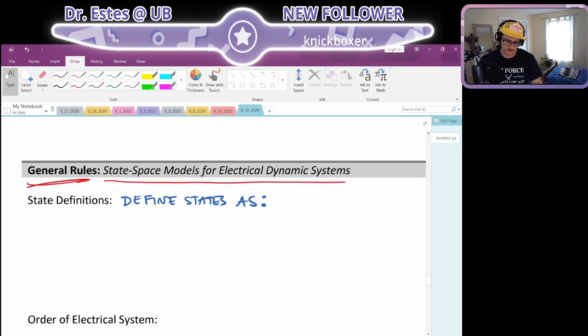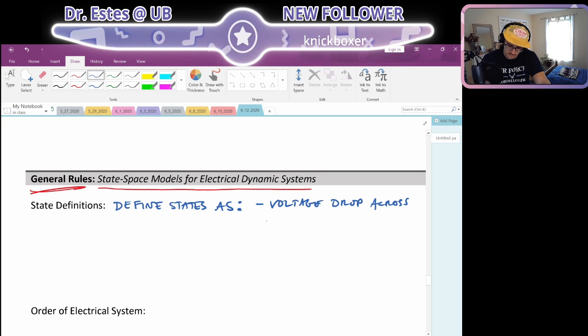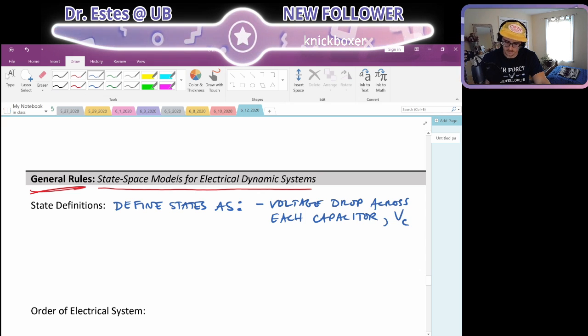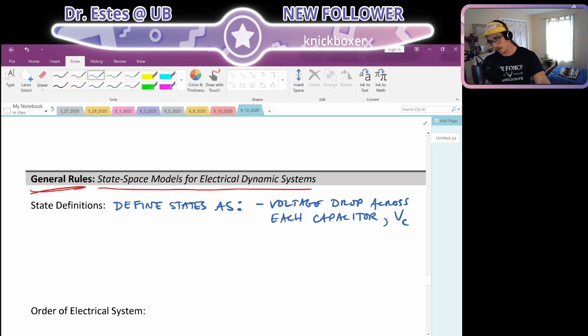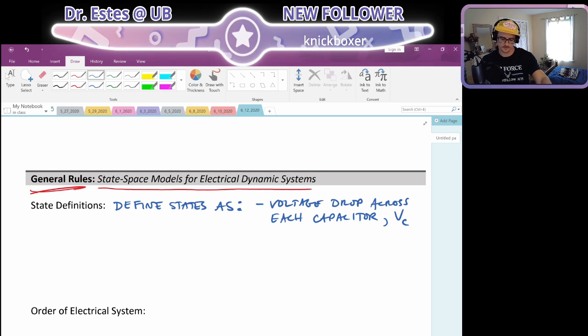Define states as the voltage drop across each capacitor, so in other words, VC, and there might be more than one capacitor in the circuit. So if you have two capacitors, you would have two states, the voltage drop across each.